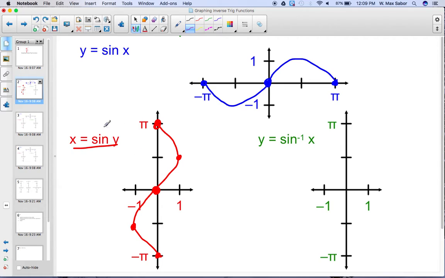So we have to restrict it. If we restricted it up here between 0 and pi, then we still would fail the vertical line test. So what we typically will do is restrict it between pi over 2 and negative pi over 2.